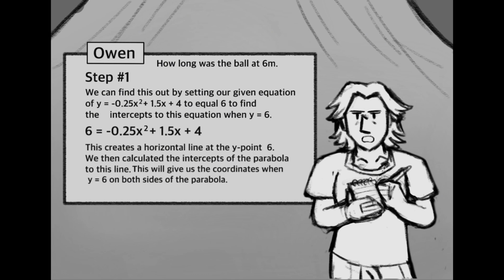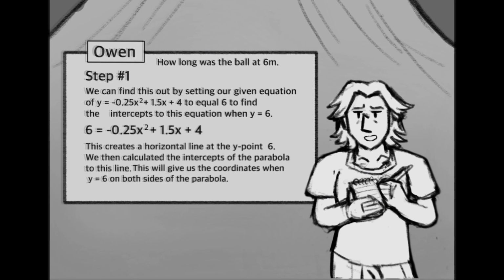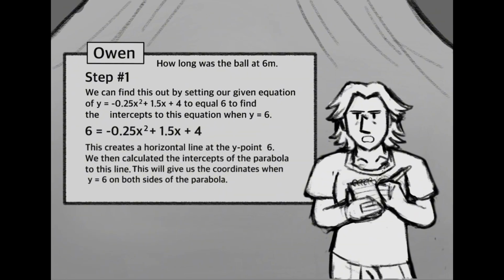This creates a horizontal line at the y-point 6. When we calculate the intercepts of the parabola to this line, it will give us the coordinates when y equals 6 on both sides of the parabola.